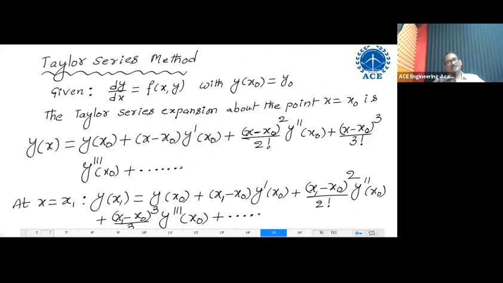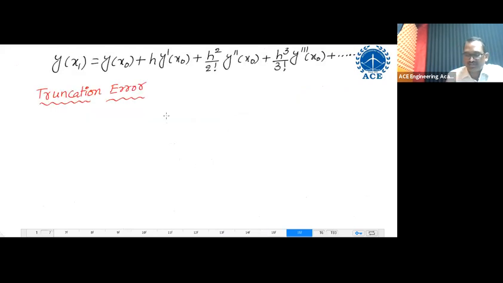For example, dy by dx is equal to sine of x square plus 2 plus sine of x square plus 2 plus y.